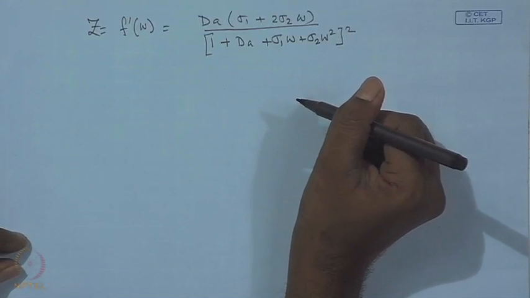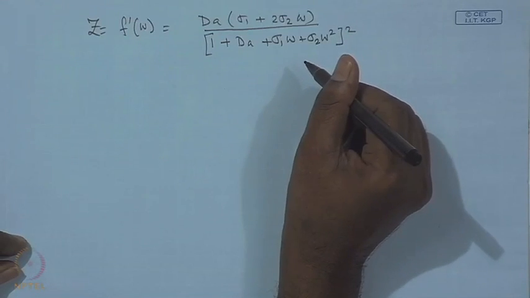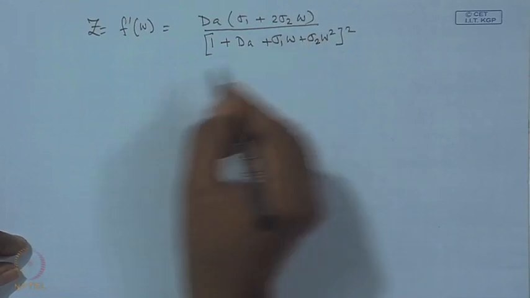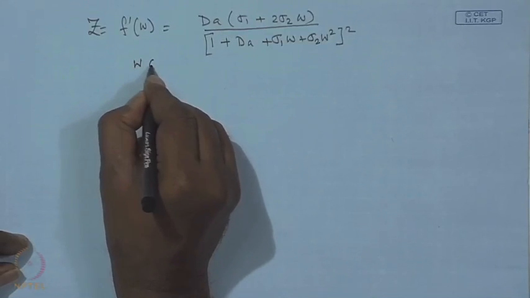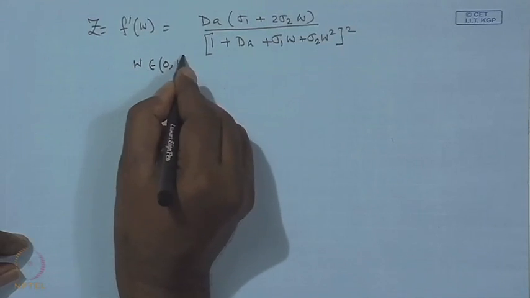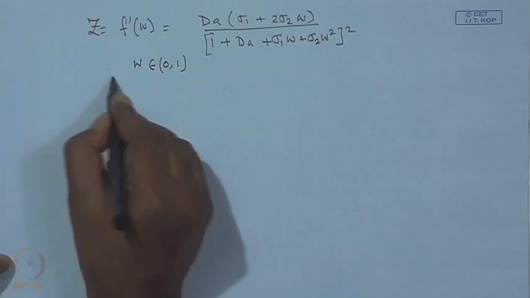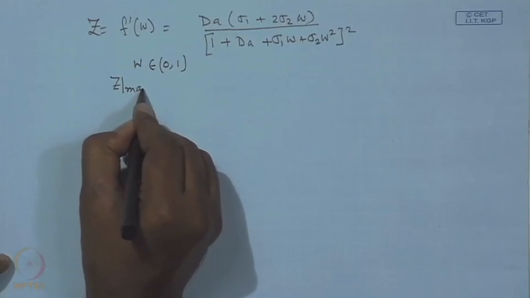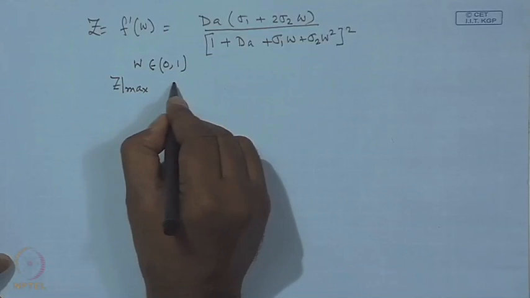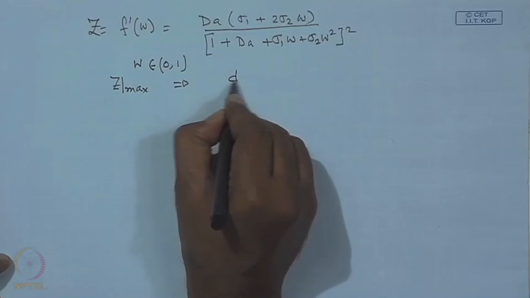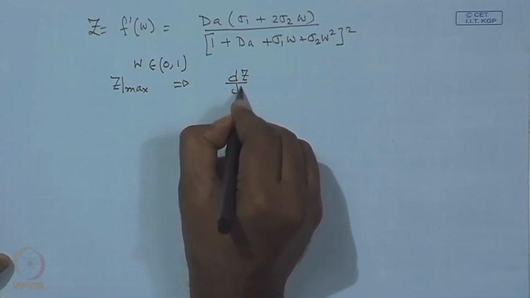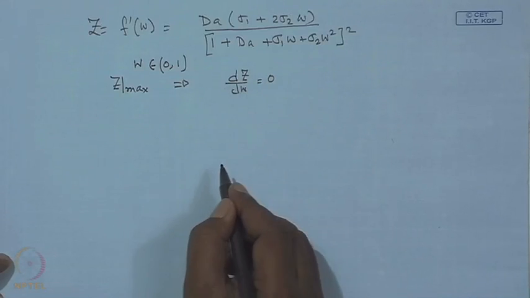Now, z is a continuous function of w, where w is a variable lying in the domain of x, that is from 0 to 1. So, we evaluate the z max, the maximum value of z. The maximum value of z will be obtained if we evaluate dz/dw and put it equal to 0.